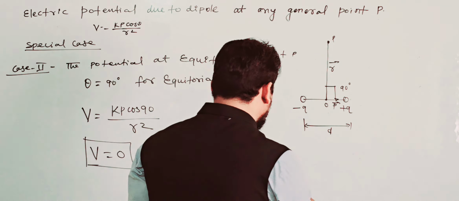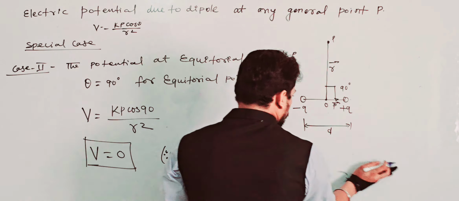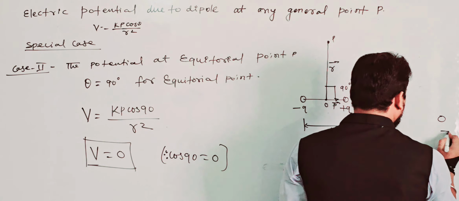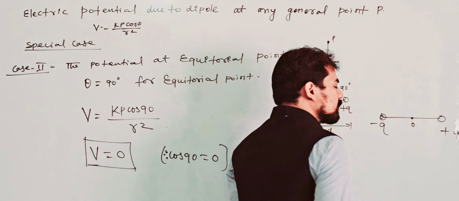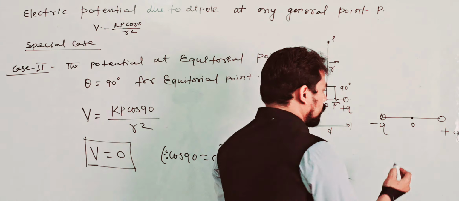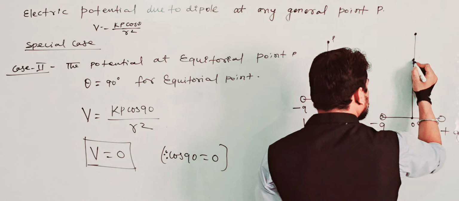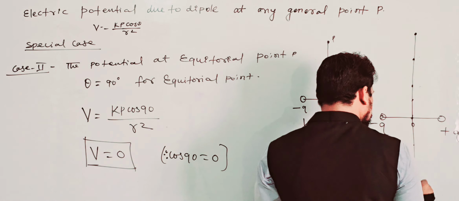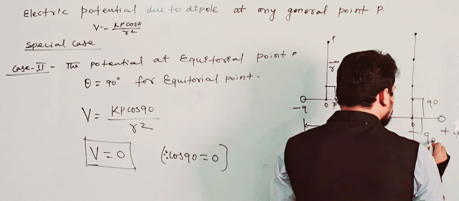You can see, students, an equatorial point means any point on the equatorial line. This is minus q, this one is plus q, this is the separation, this is the point O, this is the axial line, and these are equatorial points. At any equatorial point, the angle is 90 degrees and cos 90 is 0.